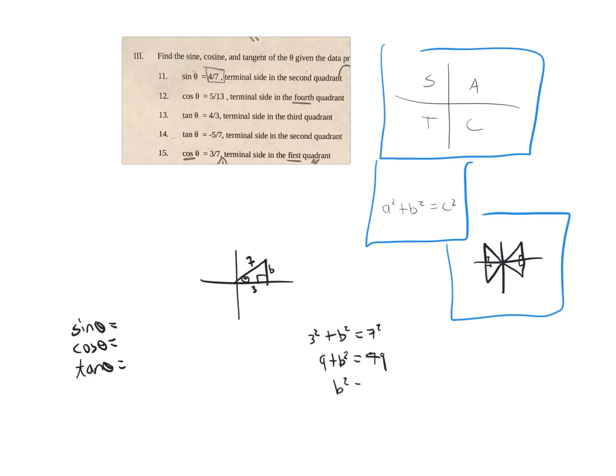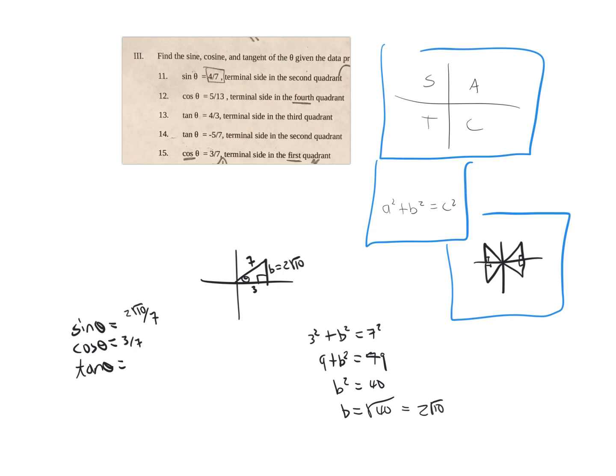And b squared equals 40, and therefore b equals radical 40, aka 2 radical 10. So I'll just kind of draw that here. So the cosine is 3/7. We could write that right away. The sine is opposite over hypotenuse, so that would be 2 radical 10 over 7.